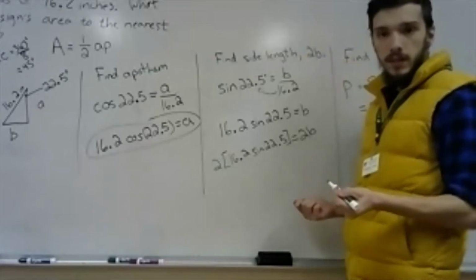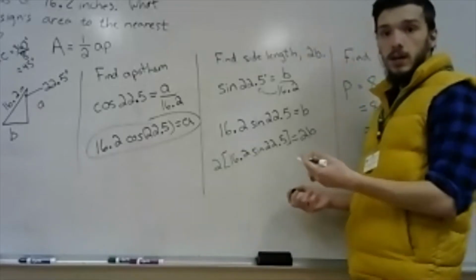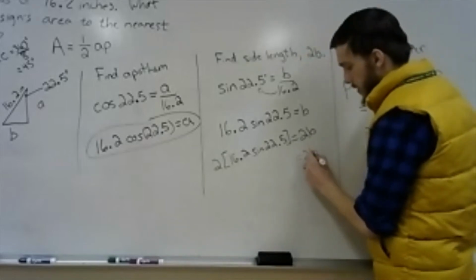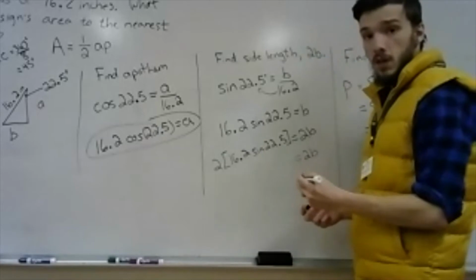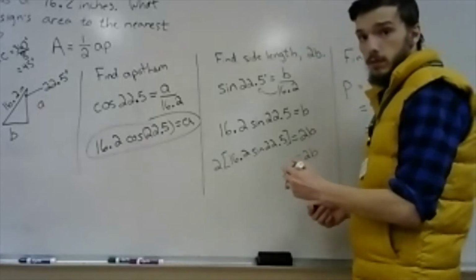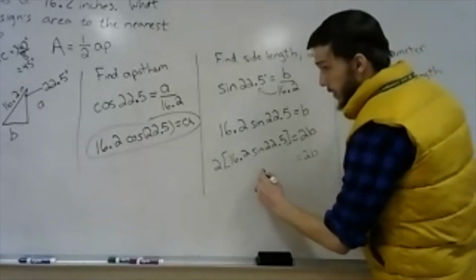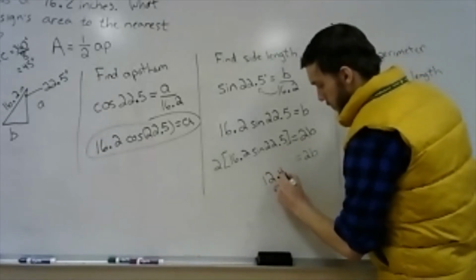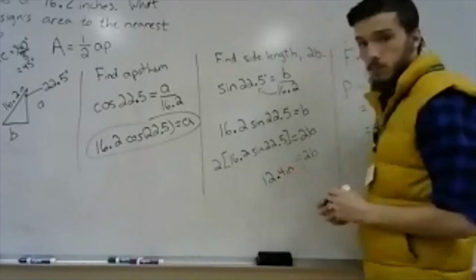Working that out, we find that the length of one side of our octagon is about 12.4 inches.